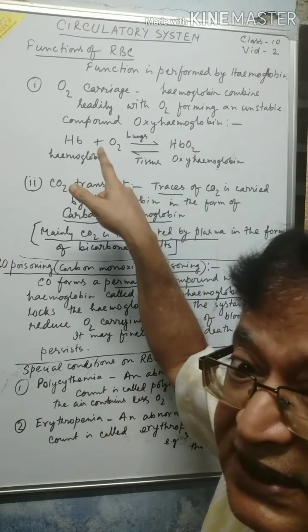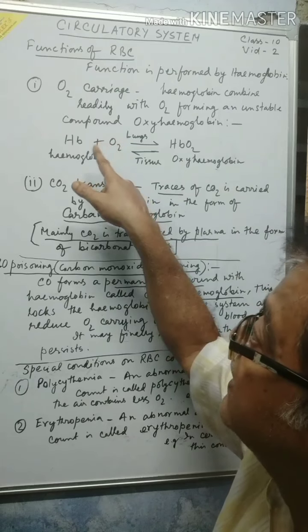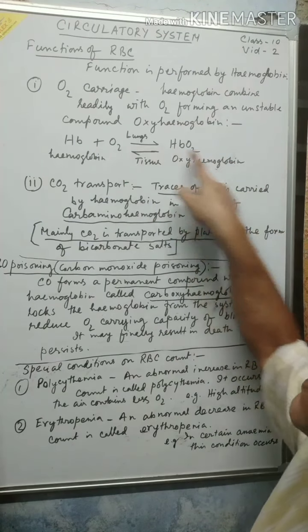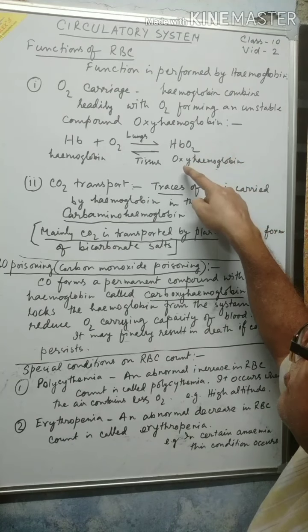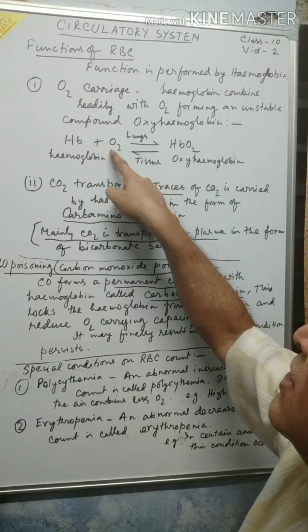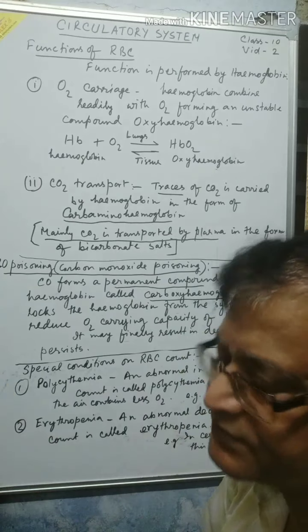And when it comes to the lungs, oxygen concentration is very high, and hemoglobin combines to form oxyhemoglobin. That's why it is reversible. In the lungs it forms oxyhemoglobin. When it goes to the tissues, oxyhemoglobin breaks up into hemoglobin and oxygen. Oxygen goes to the cells and they utilize it.